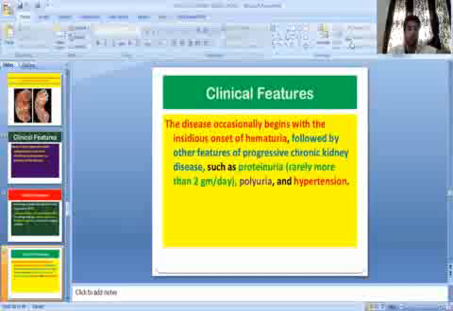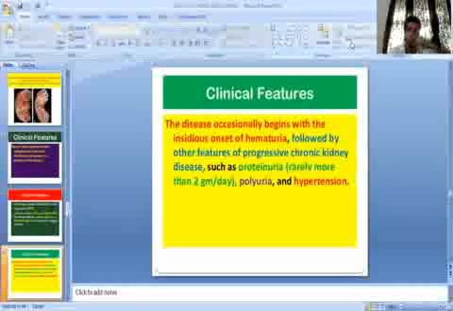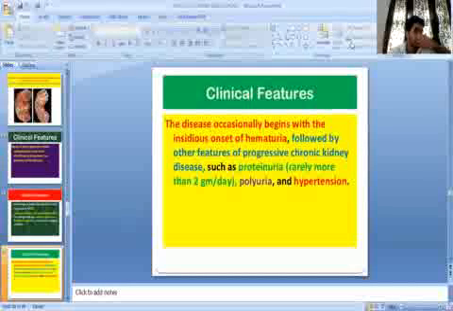The disease occasionally begins with the insidious onset of hematuria, followed by other features of progressive chronic disease, such as proteinuria, rarely more than 2 grams per liter, and hypertension.